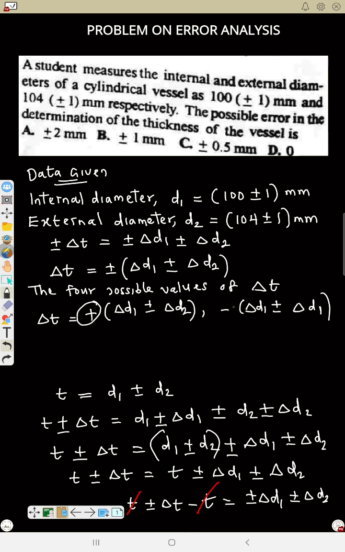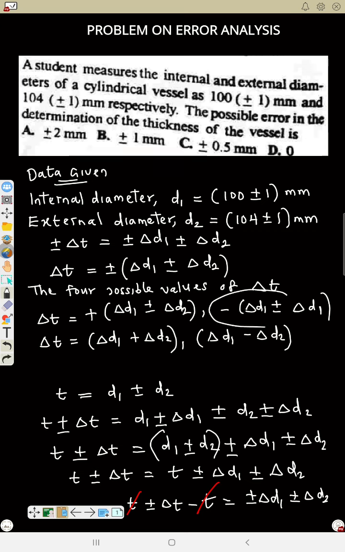Split it to be plus or minus. So that's it. And if you now use it to expand, plus times this, you should have two results here because of this plus or minus. That means I can have delta d1 plus delta d2, that's for the plus. I can also have delta d1 minus delta d2, that is for the minus.